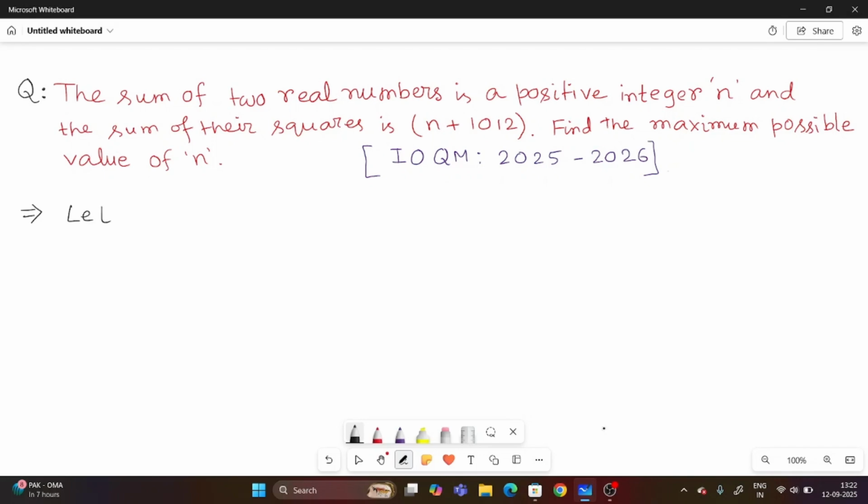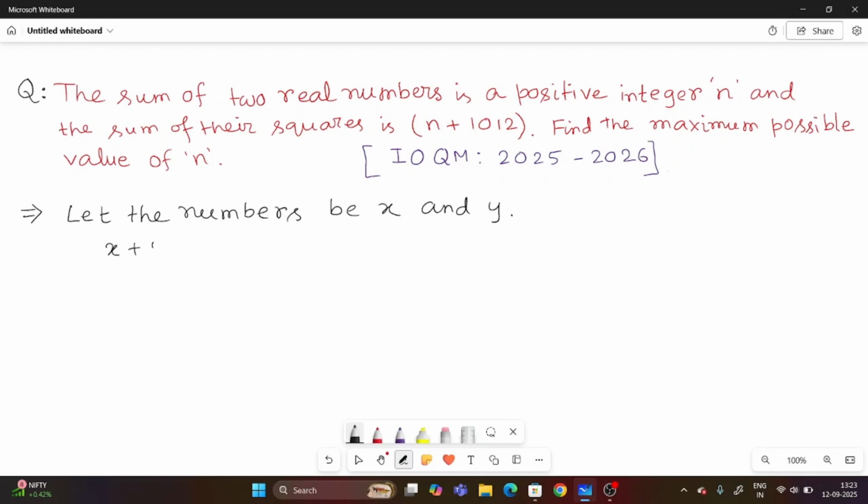So let the numbers be x and y. Satisfying the conditions given in the question, we can write that the sum of the numbers is n.